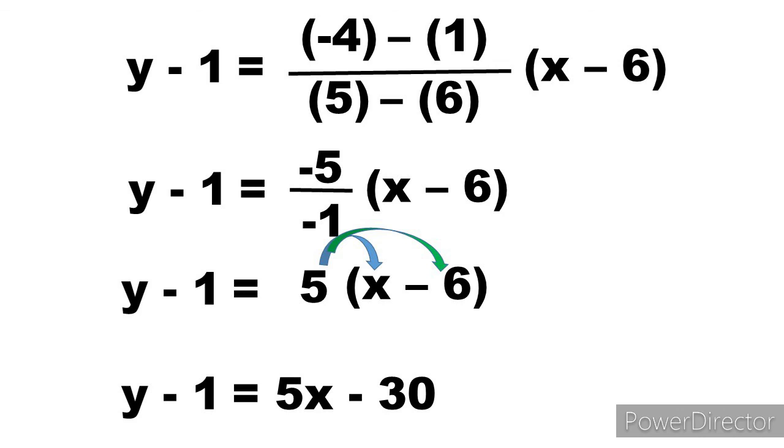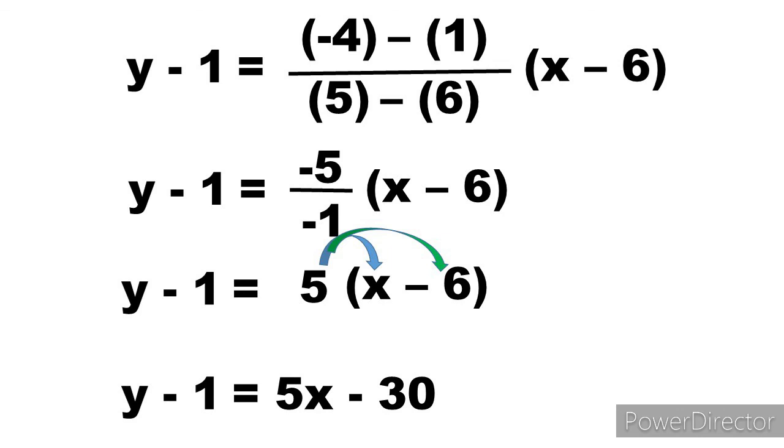The next, negative 5 divided by negative 1 is positive 5. So that's why we have y minus 1 equals 5 times the quantity of x minus 6. And then the next step is to distribute 5. Okay, so now we have 5 times x is 5x. And 5 times negative 6 is negative 30.